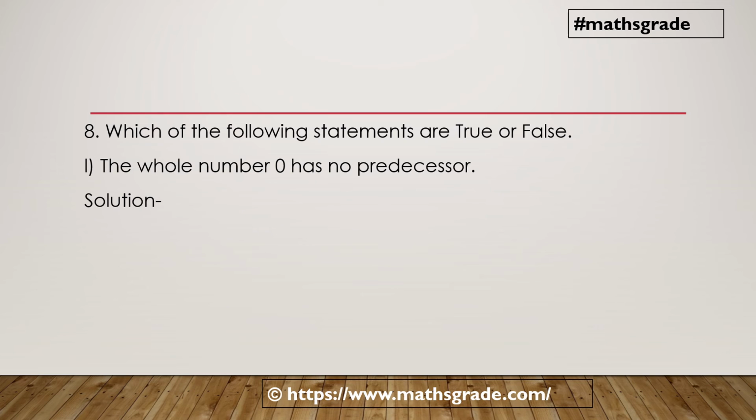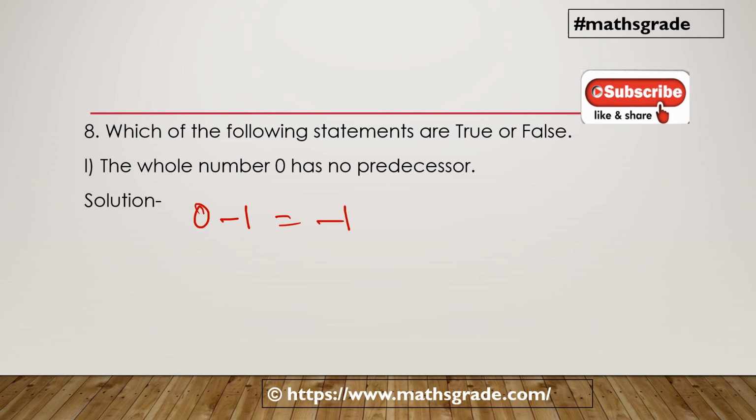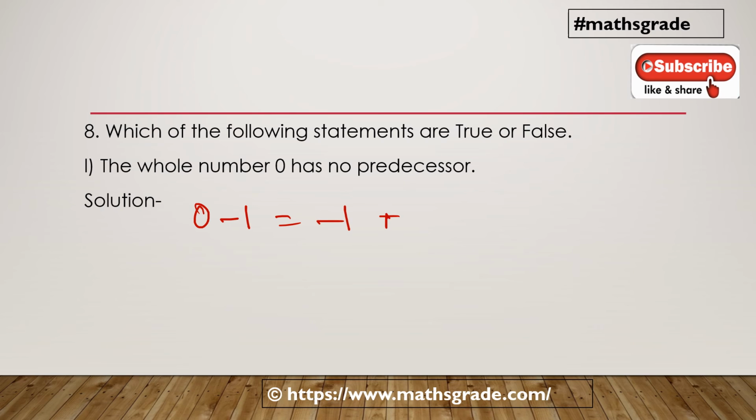Now question number L bit. The whole number 0 has no predecessor. Whole numbers start with 0 and the predecessor is the before or the previous number. We have to subtract 1 from the number. So the predecessor of 0 is 0 minus 1, which is minus 1, and minus 1 is not a natural number.